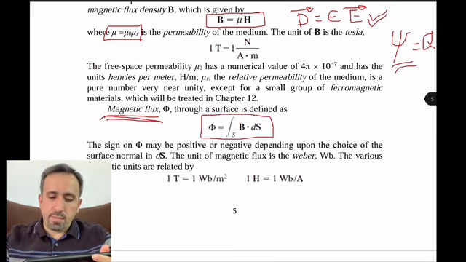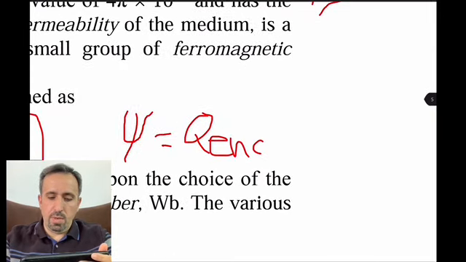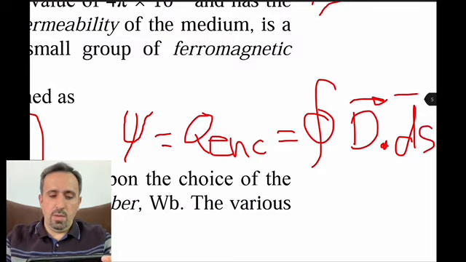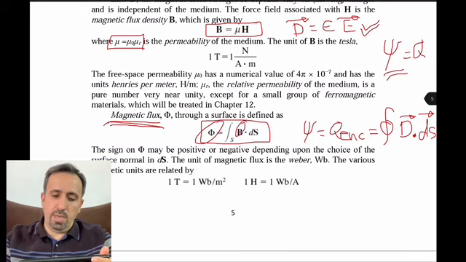And I can also remind you about Gauss's law, which says psi equals Q enclosed. May I zoom it somewhat to be able to type it well? Equal to the closed integral of D dot dS. Making the analogy between them, you can find that the flux equals the density dot product with dS.